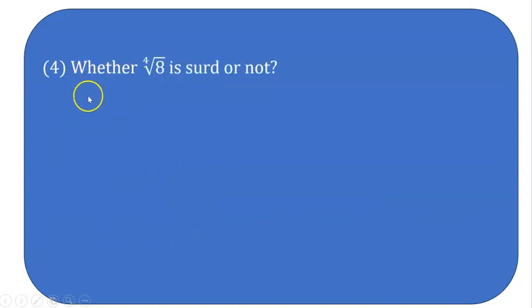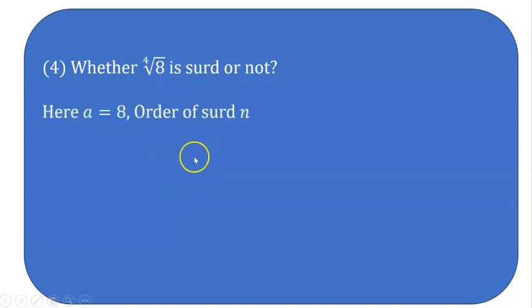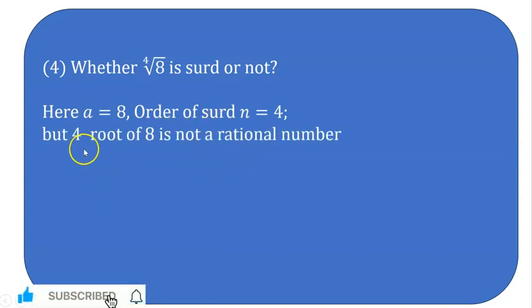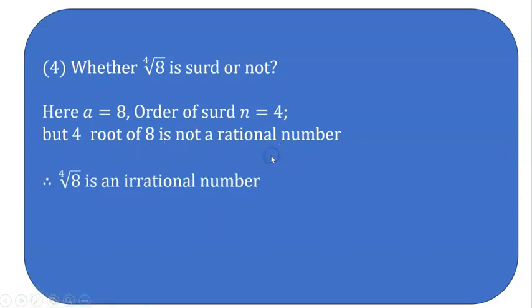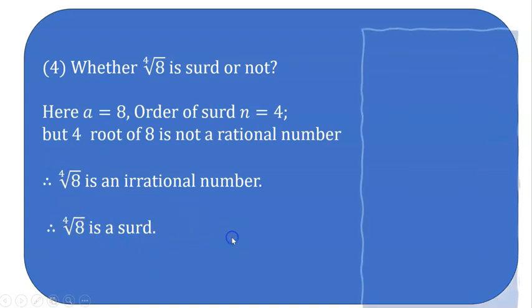Next, whether fourth root of 8 is a surd or not. Here a is equal to 8, order of surd n is equal to 4. But fourth root of 8 is not a rational number, and hence fourth root of 8 is an irrational number, and therefore fourth root of 8 is a surd.